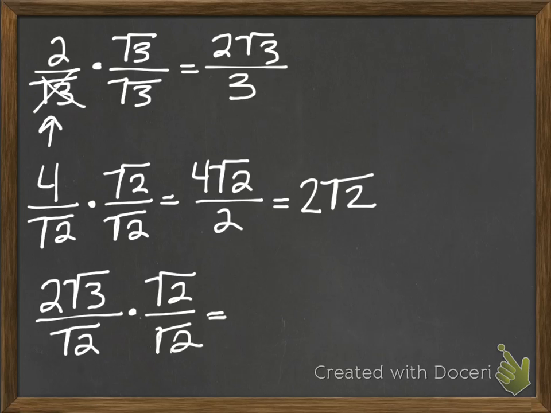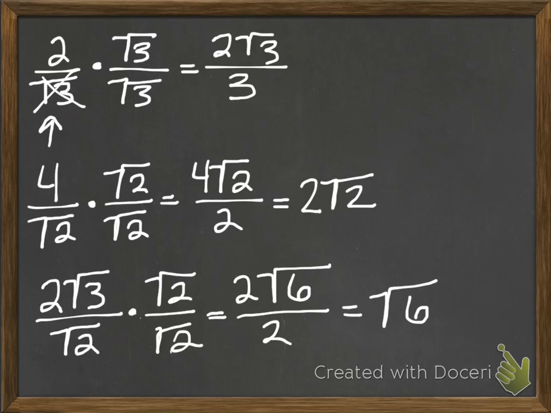Okay, so remember our rule from before. If you multiply 2 radicals together, you're just going to multiply 3 times 2, and the product will go underneath the radical sign. So 2 times the square root of 3 times the square root of 2 is the square root of 6. And the square root of 2 times the square root of 2 is 2. And then, of course, 2 over 2 simplifies, and we're just left with the square root of 6.